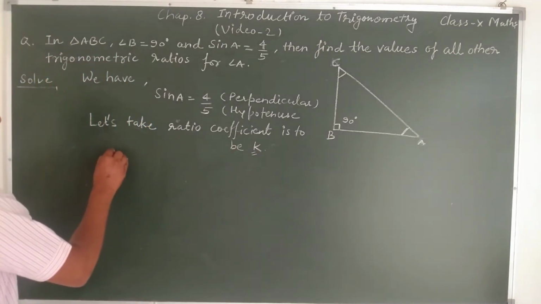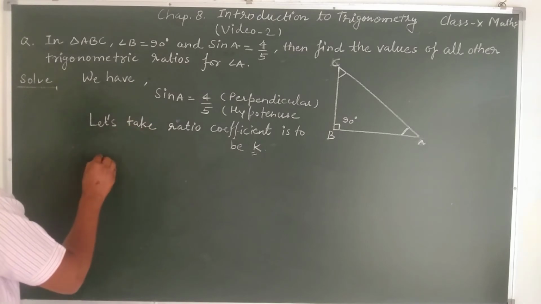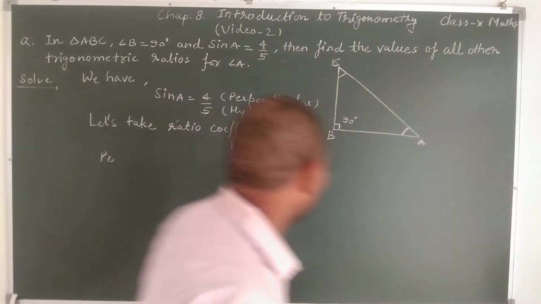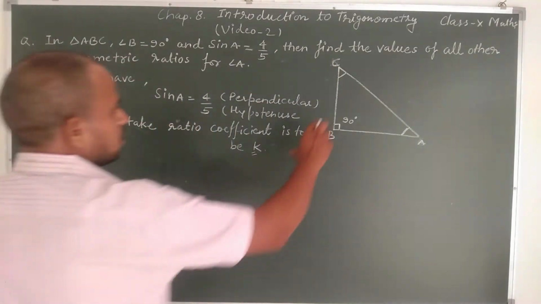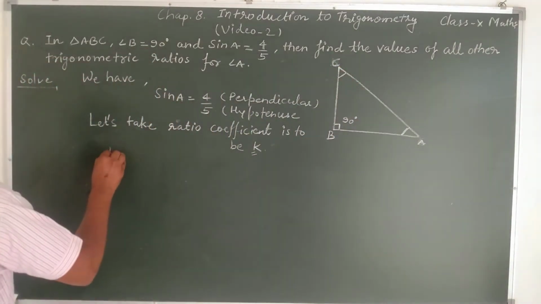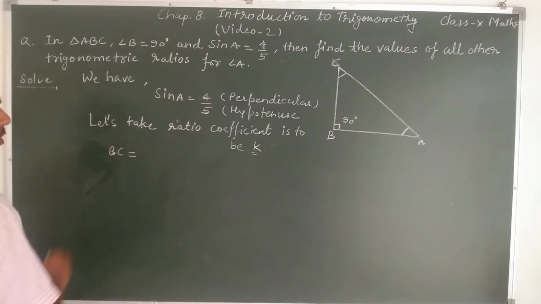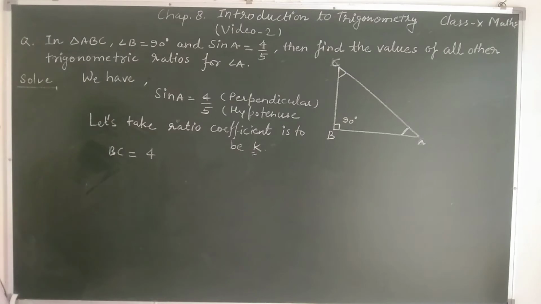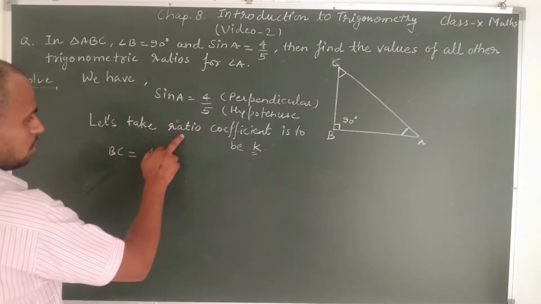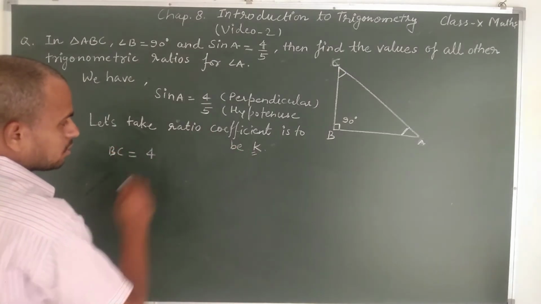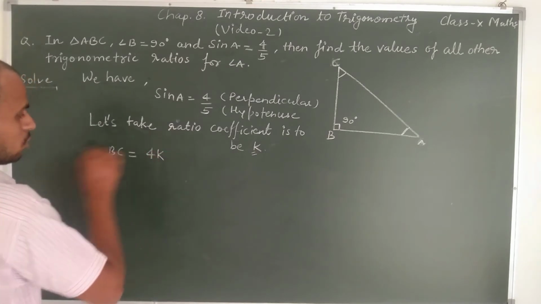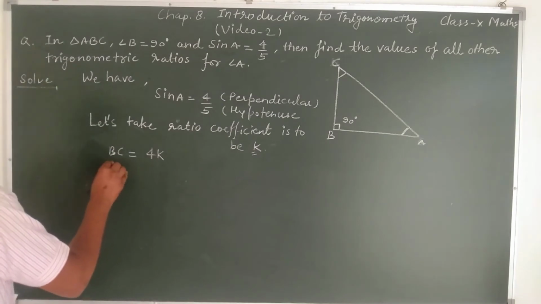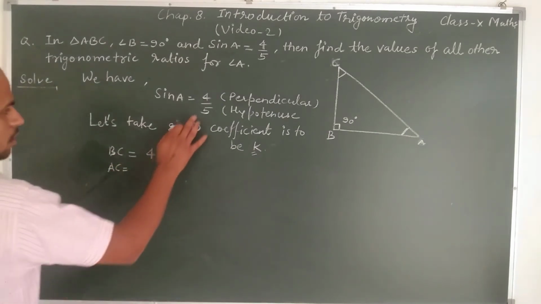The perpendicular is BC, so BC is 4, and with the ratio coefficient k, BC is 4k. Similarly, the hypotenuse is AC, and AC is 5k.